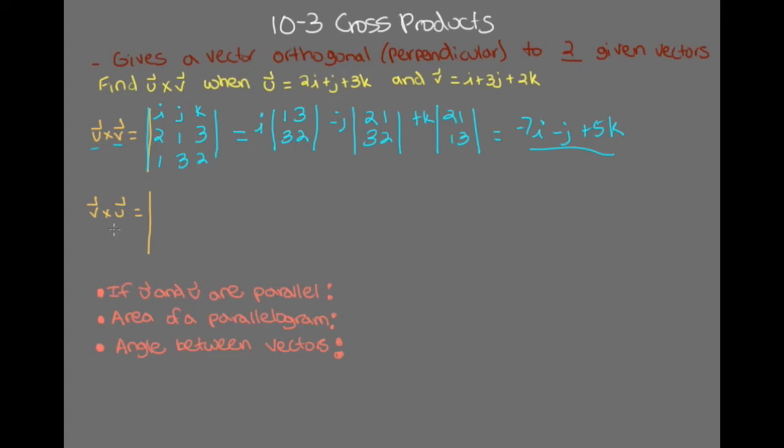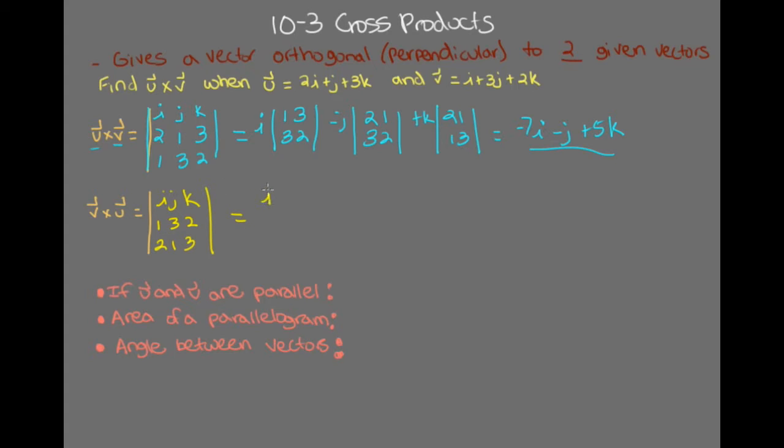Now let's find the opposite, the cross product of v and u. So we're going to have, again, i, j, k. We're going to have vector v first, so 1, 3, 2, and then 2, 1, 3.